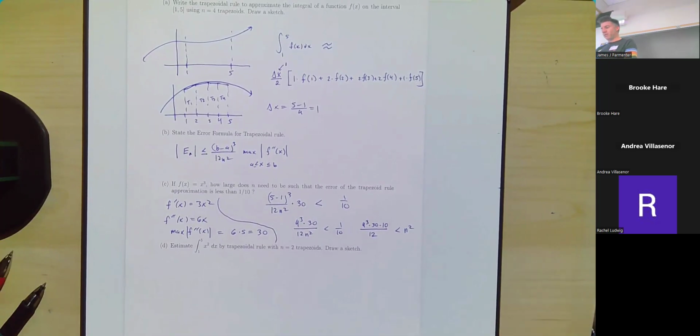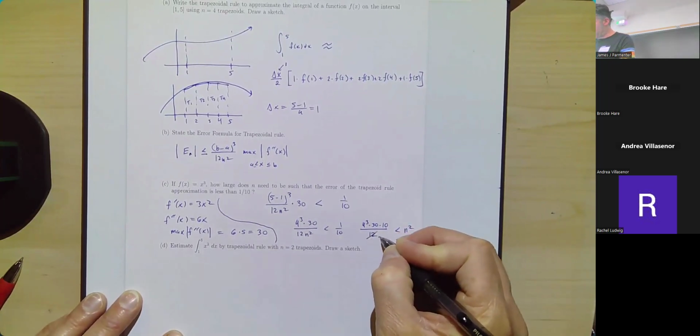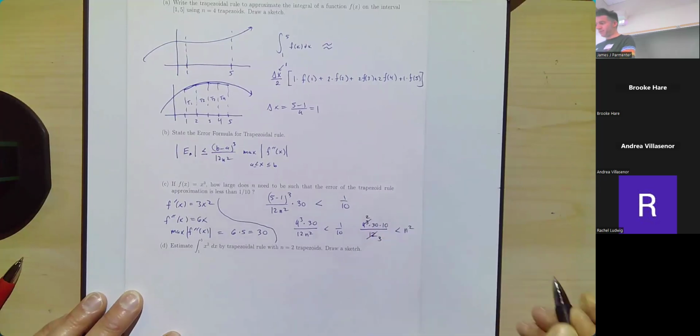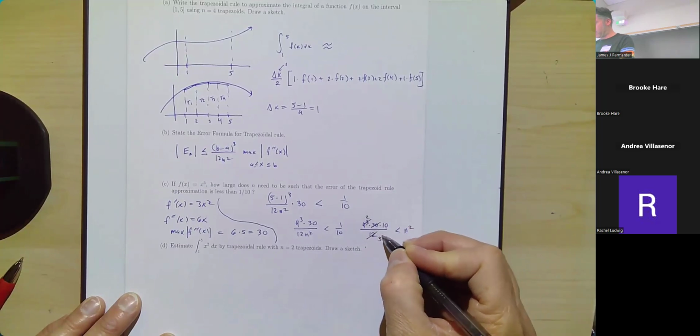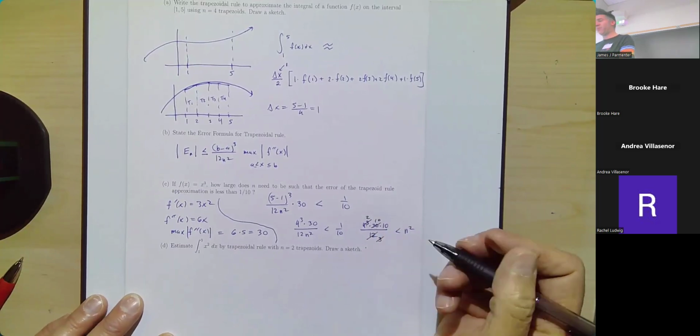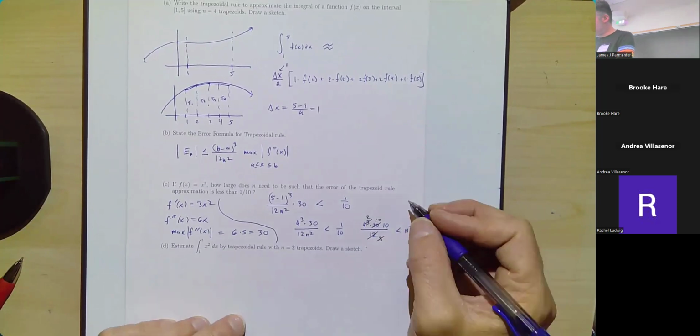And we could simplify this a little bit. 12 has a factor of 4. So I can cancel a 4 here, and one of the 4s there. And then the 30 divided by 3 is 10. This works out pretty nice. So see, he did come up with a problem where it actually works out nicely.